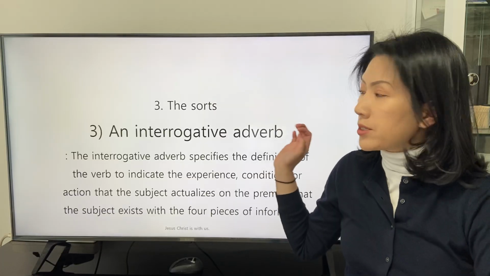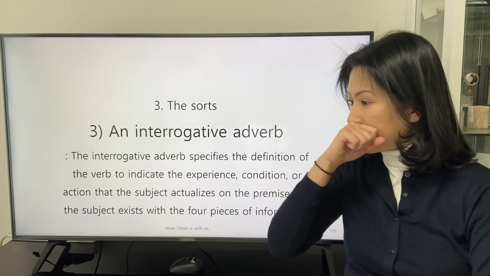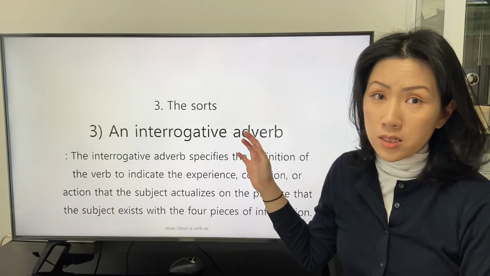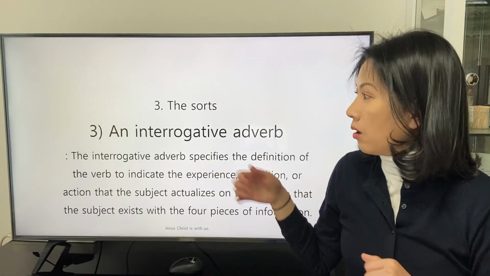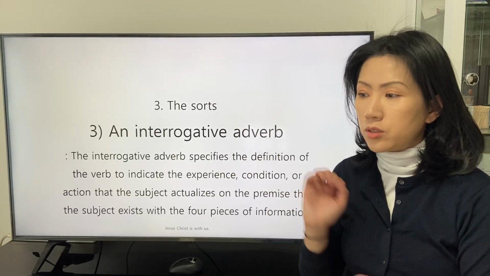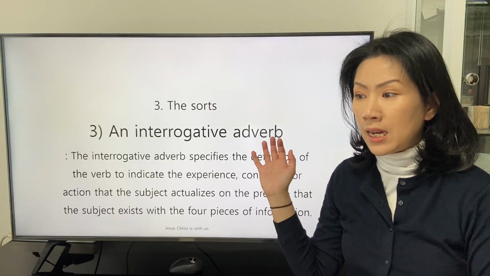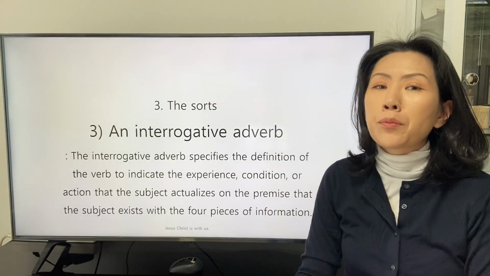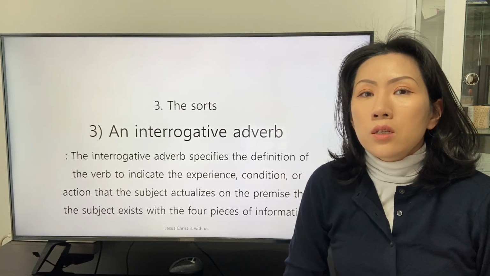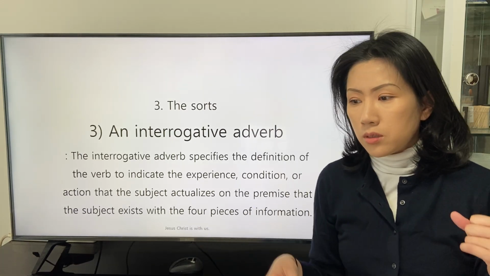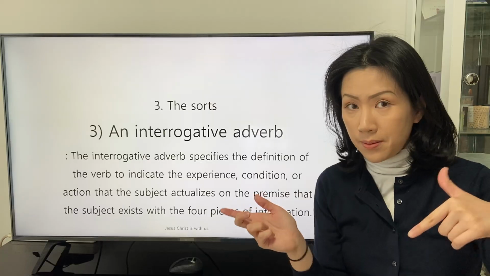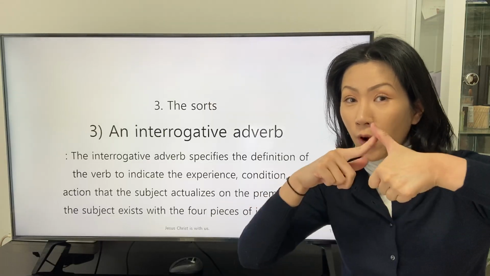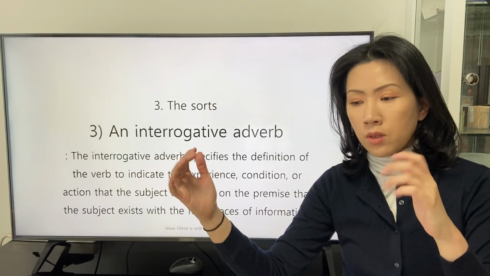In this class, we will study about an adverb that is applied in a clause that is interrogative. This means that the adverb describes the definition of the verb of the clause.